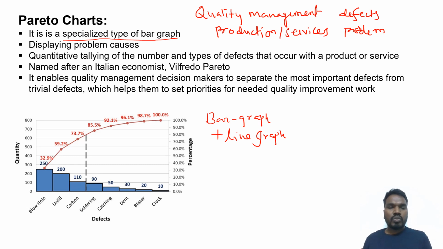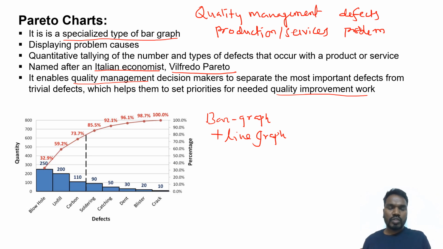Therefore, to understand that, we use Pareto charts. These Pareto charts are named after an Italian economist, Vilfredo Pareto, right? As I said, we use these Pareto charts in quality management and to improve work quality and efficiency.